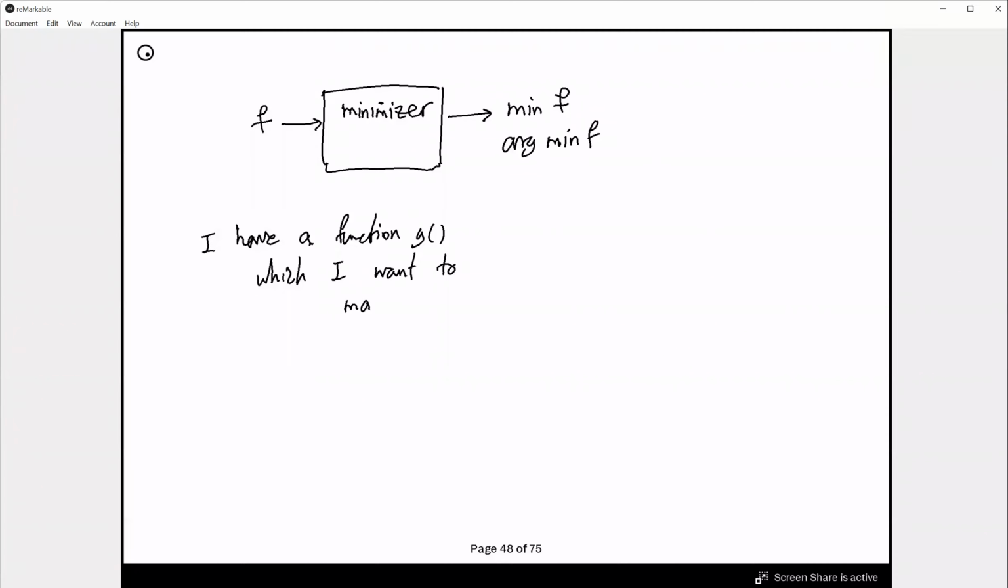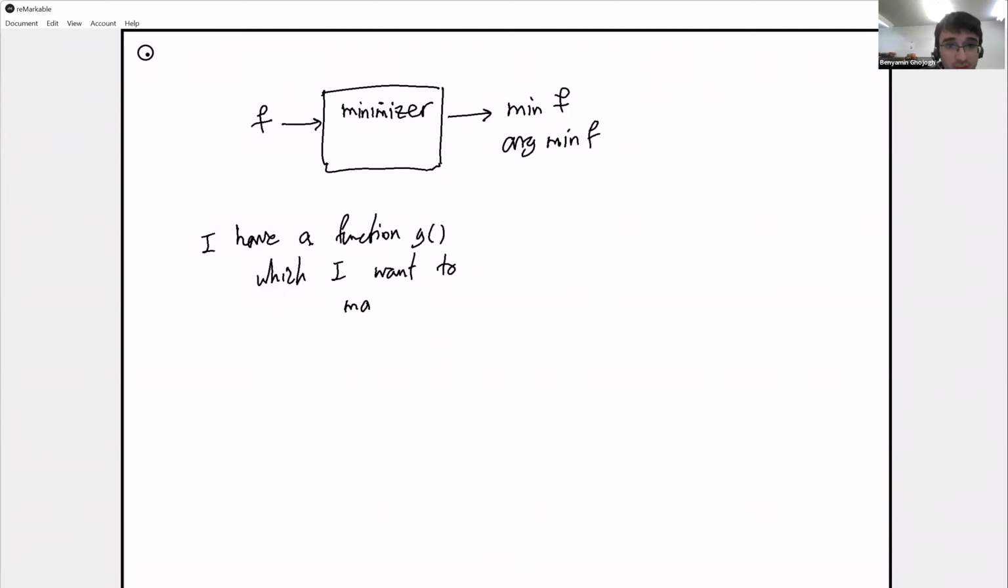Yeah. Okay. I have a function g which I want to maximize. How can I use this black box in order to maximize g? What are your thoughts? By using negative value.